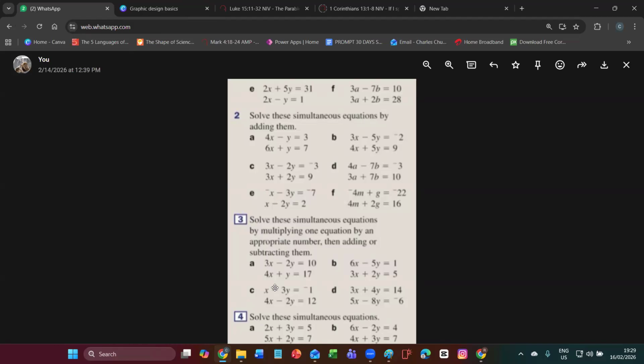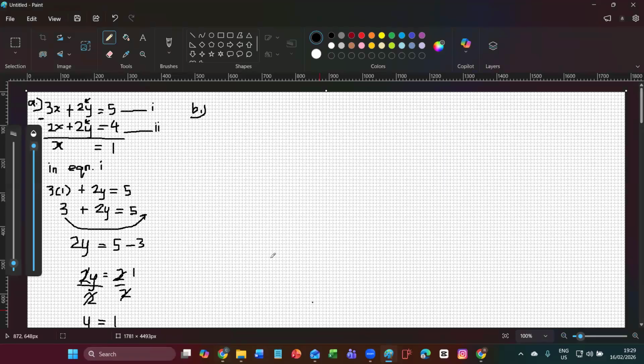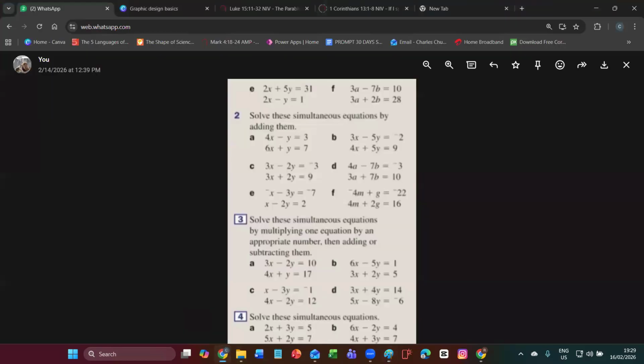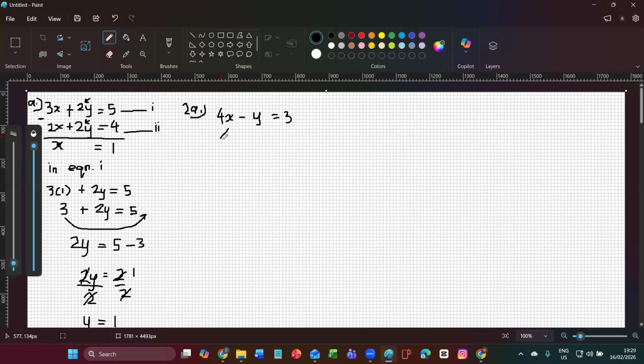Number 2a is 4x minus y equals 3. And the bottom one says 6x plus y equals 7.